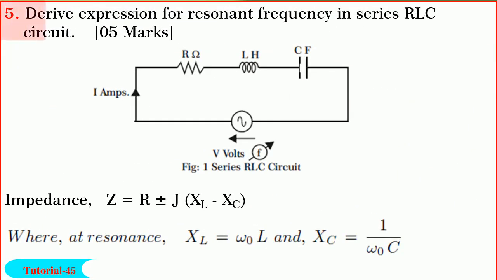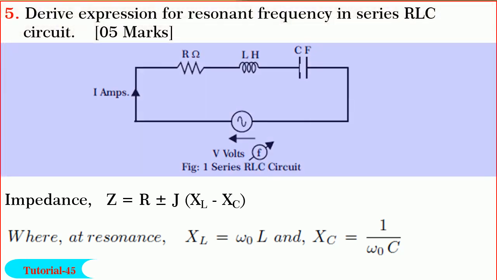Friends, next we shall solve a very simple and straightforward question on series resonance circuit to find the frequency at resonance. First, let us draw the circuit as shown in figure.